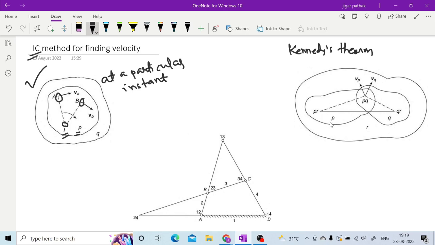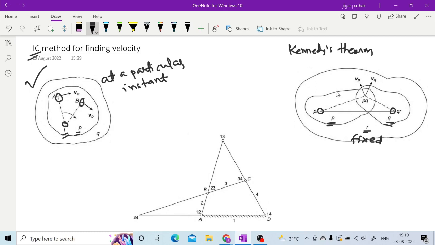Here you have three different links, P, Q and R. Link R is the fixed link. P and Q have relative motion with each other. P rotates around the fixed point PR, and Q rotates around the point QR.